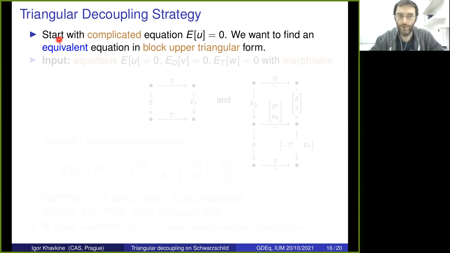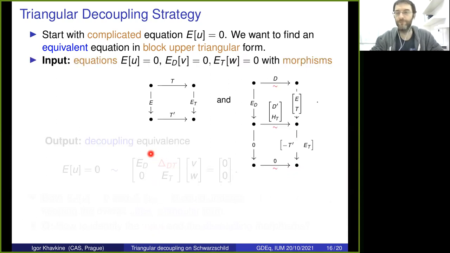So this part of the strategy considers some complicated linear differential equation, and wants to reduce it through an equivalence transformation to what would hopefully be a nicer upper triangular form. Okay.